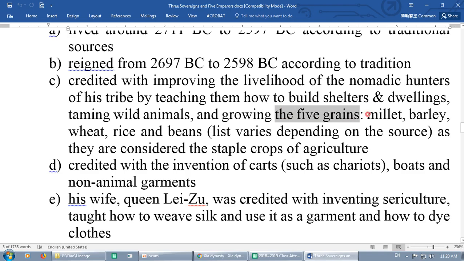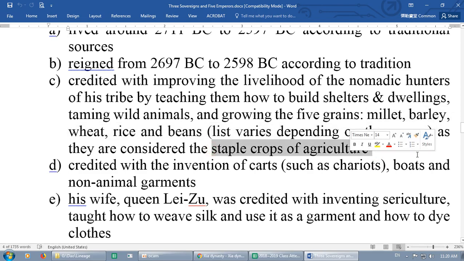The list of five grains varies, but it's generally considered to be millet, barley, wheat, rice, and different beans, some soybean or adzuki bean. The list varies, because they're considered the staple crops of agriculture.